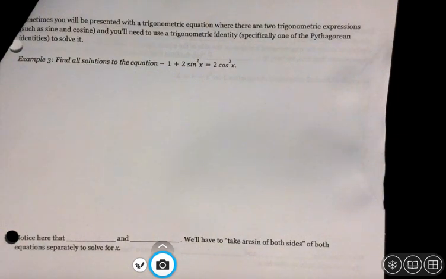To do that, we want to use what we have previously learned, like our trigonometric identities. So if there's something that contains sine squared or cosine squared that we can substitute in, we want to do that. So if you have your reference sheet, that is something that we need to use.